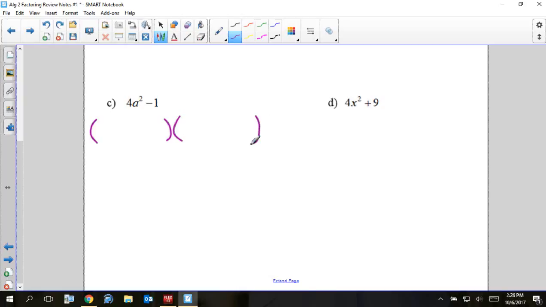What multiplies together to give us 4a squared? 2a times 2a. What multiplies together to give us minus 1? Negative 1 and positive 1.